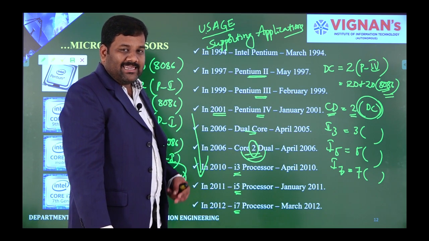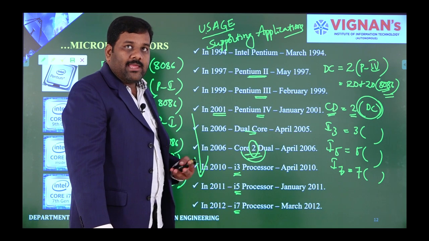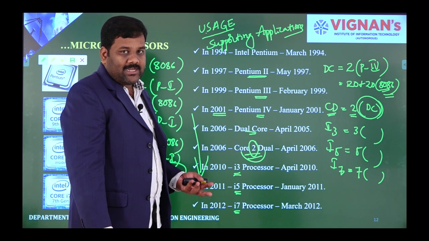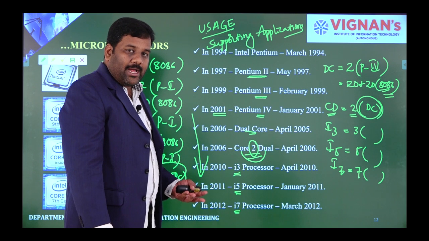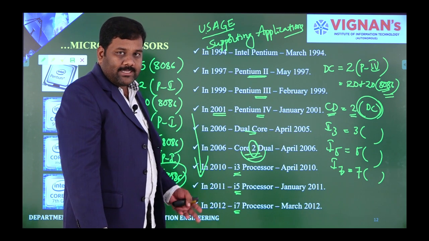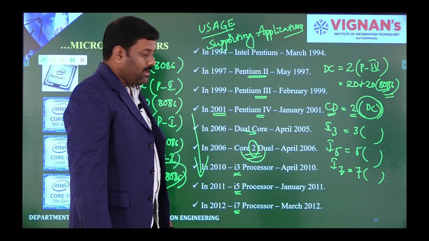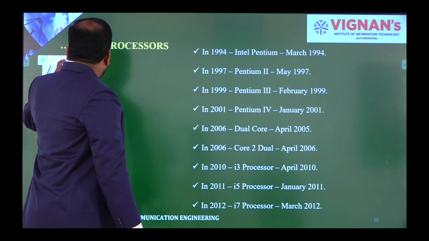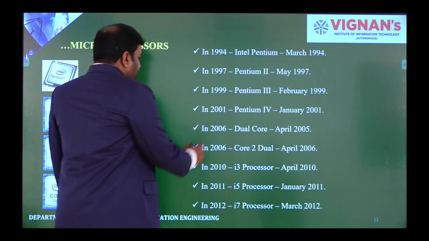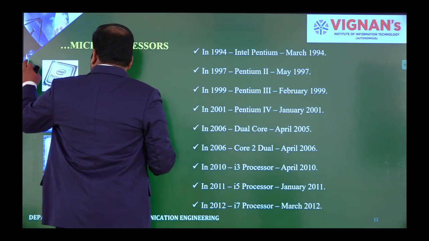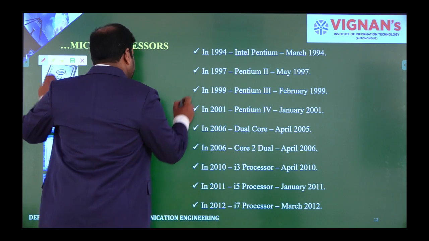Our human needs and necessities are increasing, and the processor has to satisfy more and more updated versions of all operating systems and all types of applications using our embedded systems. For that purpose only, we are improving the capability of all microprocessors.